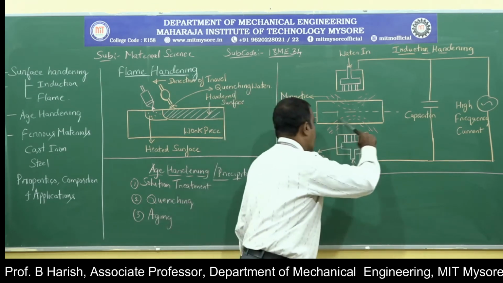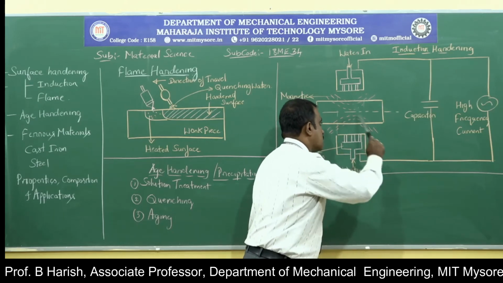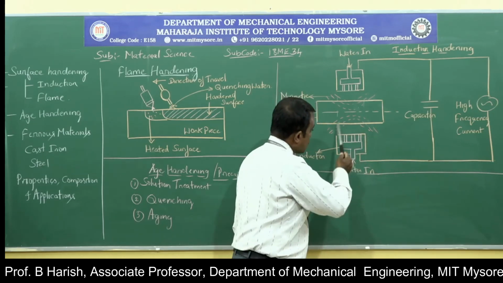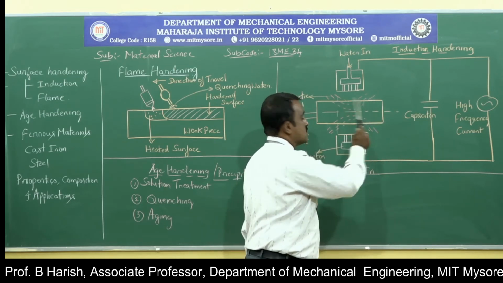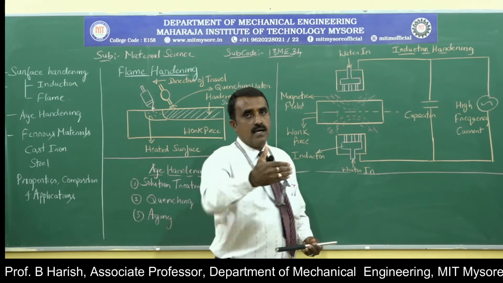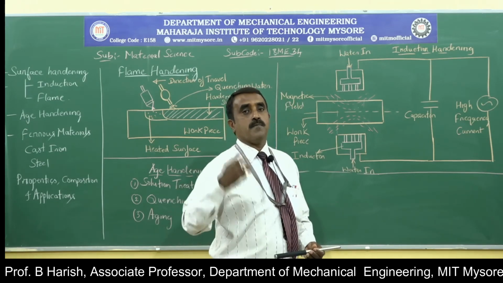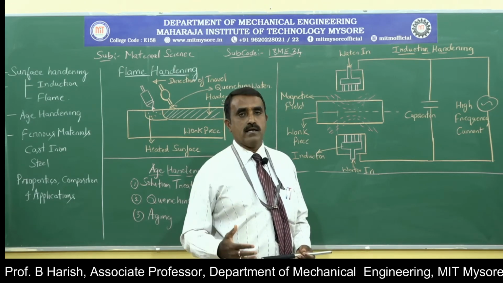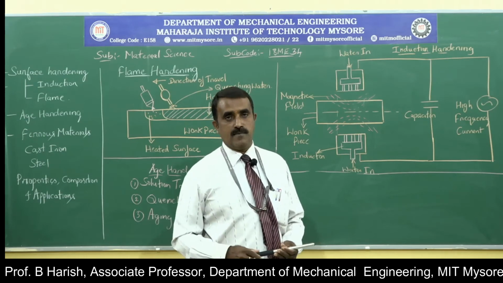This magnetic field occupies the surface like this, and it will be touching the surface. This surface gets heated. When the magnetic field is induced into the workpiece, the workpiece opposes the flow of current, due to which heat is generated.